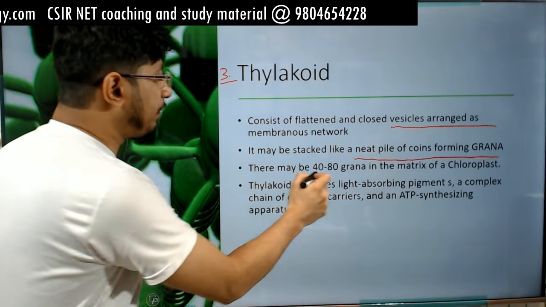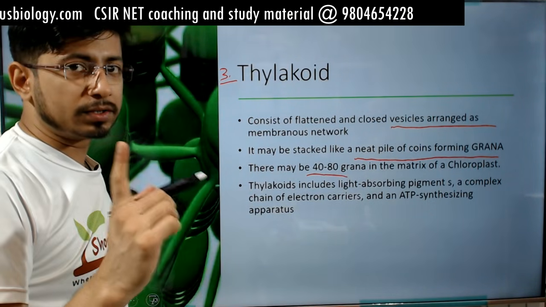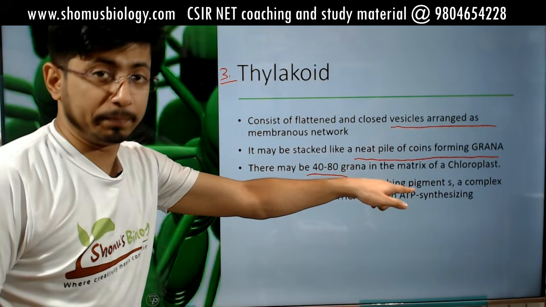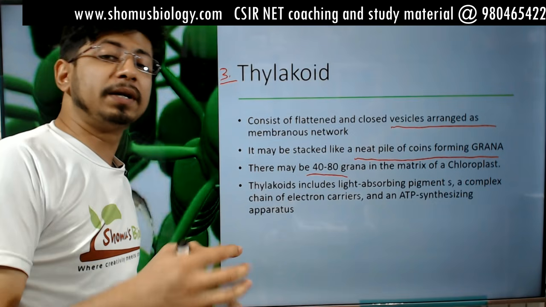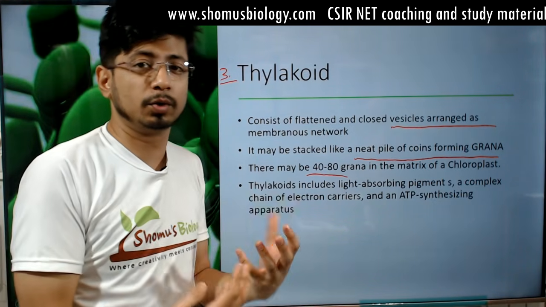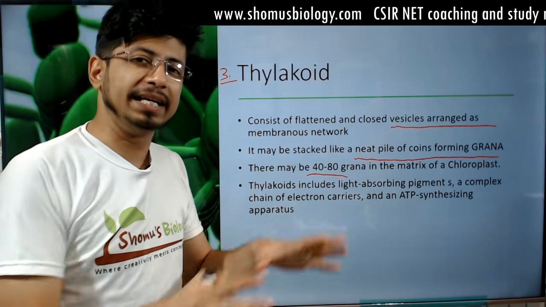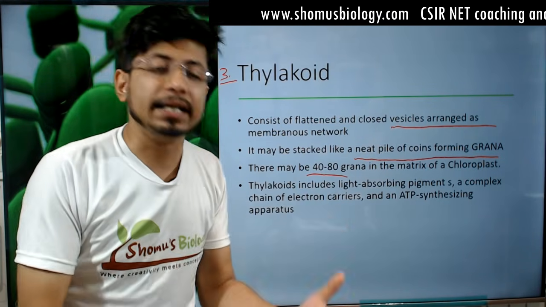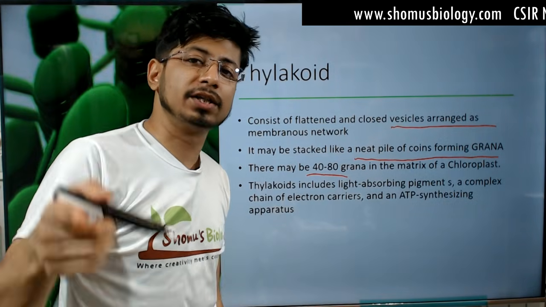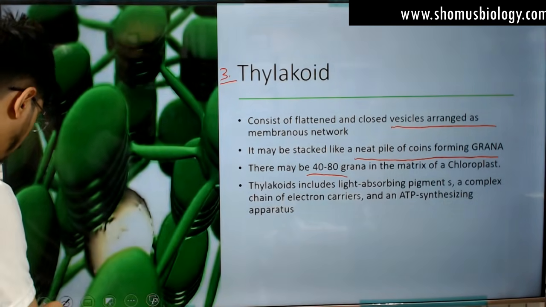There may be 40 to 80 grana in the matrix of a single chloroplast, and thylakoids include light absorbing pigments. So basically the most important factor of the chloroplast, the antenna pigment, that is chlorophyll, is actually present in the thylakoid. So the thylakoid membrane is the structure where the light reaction of photosynthesis is carried out.